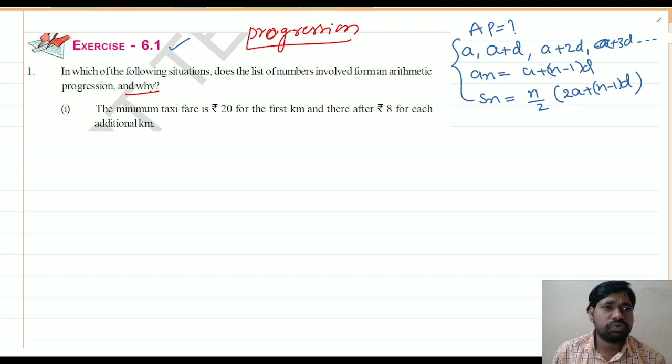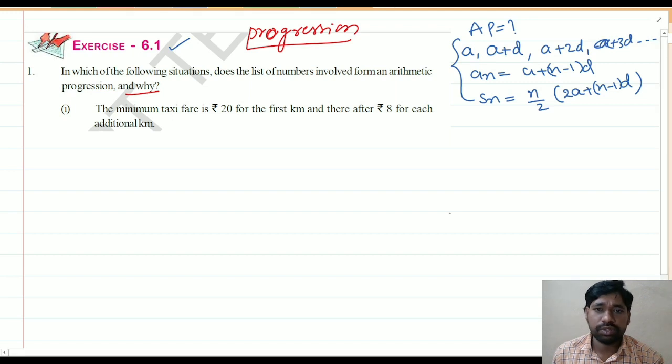Most students, whenever they see these kinds of word problems, panic and leave the question. But first try to see whether they are easy or difficult. Once you read them, you will understand.